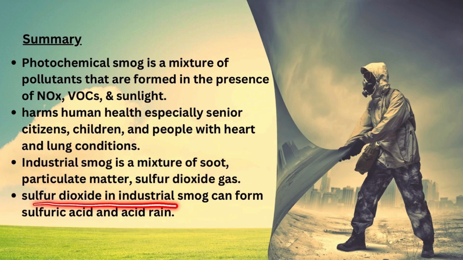The sulfur dioxide in industrial smog can also lead to sulfuric acid, and that sulfuric acid can cause acid rain. Along with that, sulfuric acid enhances the droplet size of the fog, as a result of which the surface area of the drops increases, and on this surface the conversion of primary pollutants into secondary pollutants is enhanced, and that further aggravates the effects of the smog.